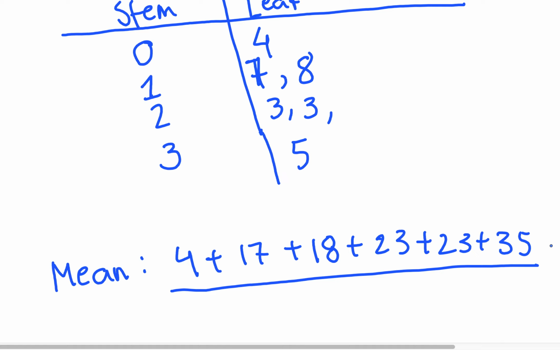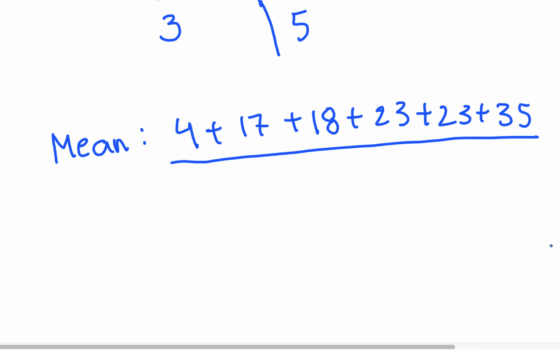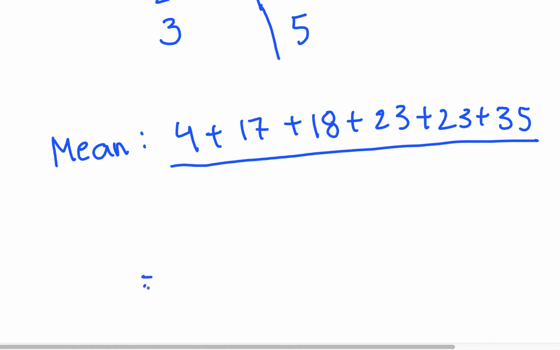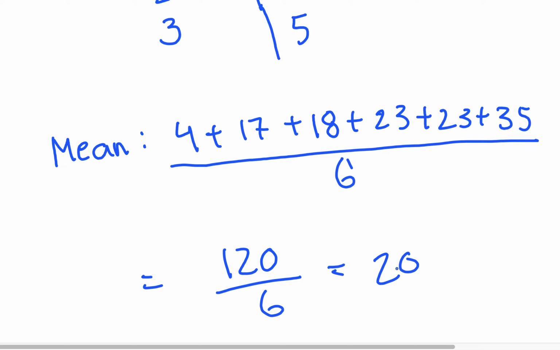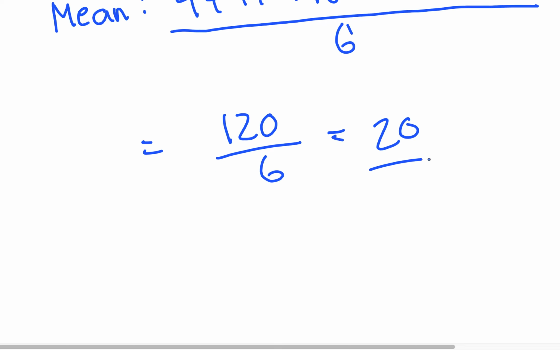Okay, you have 4 plus 17 plus 18 plus 23, 23 plus 35. Altogether, you're going to get 120, right? And you have 1, 2, 3, 4, 5, 6 numbers. So you're going to divide this by 6, and that would give you 20. So your mean is going to be 20.